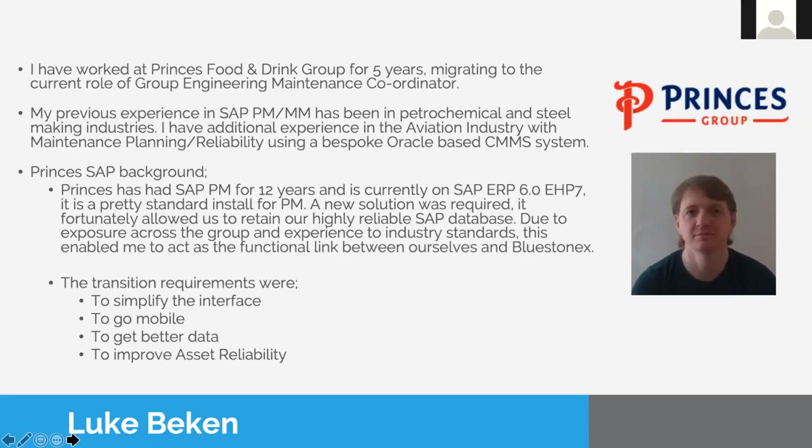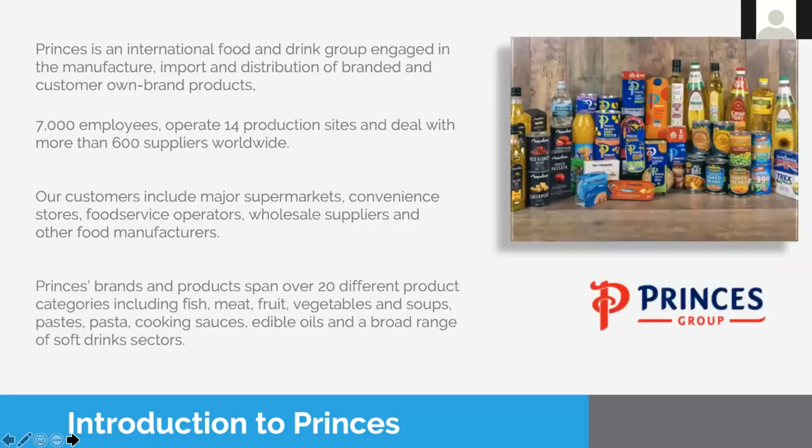The way we approached it was to think backwards. So we started with the need to improve the asset reliability. We need better data for that to drive the decision-making process. We have to go mobile because the data needs to be live, and therefore we needed to simplify the interface, which we'll see in the demo, which speaks 1,000 words. And that's a very brief background of where we're at.